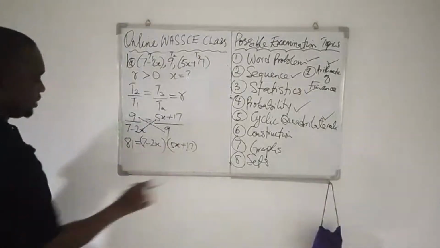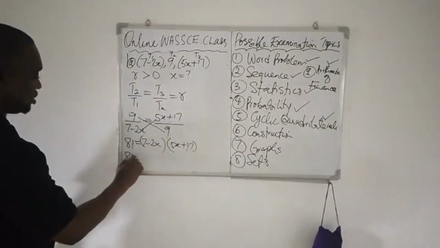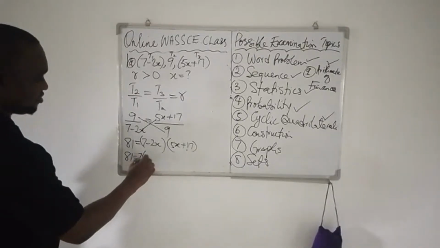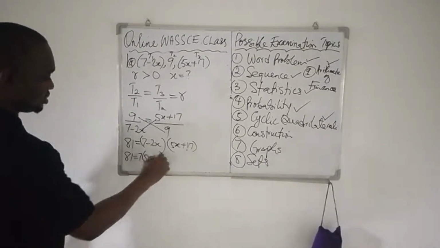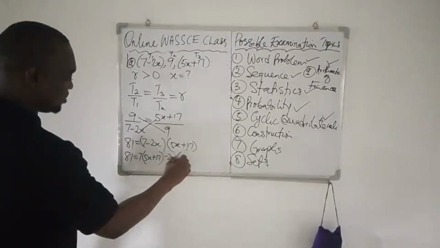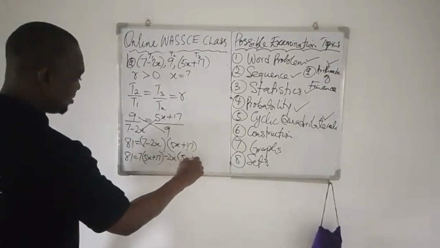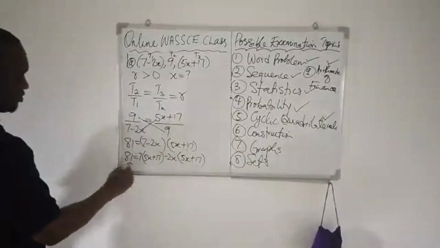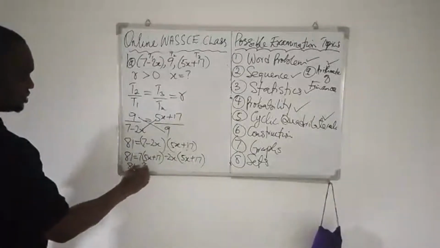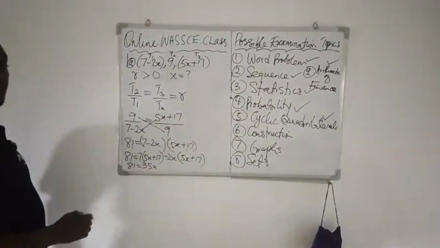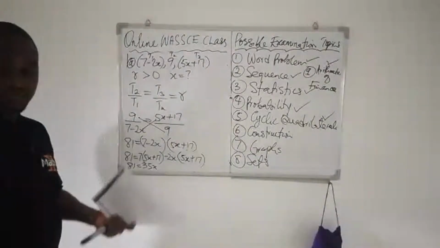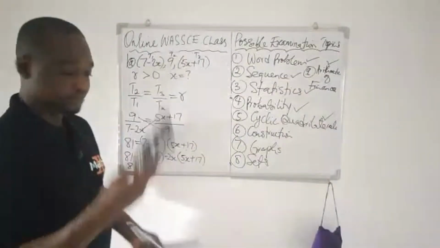All right, open the bracket. I have that 81 equals 7 bracket 5x plus 17 minus 2x bracket the same, 5x plus 17. Close it. Permit me to write under here. So I have 81 equals 35x. For 17 times, I have my calculator here.